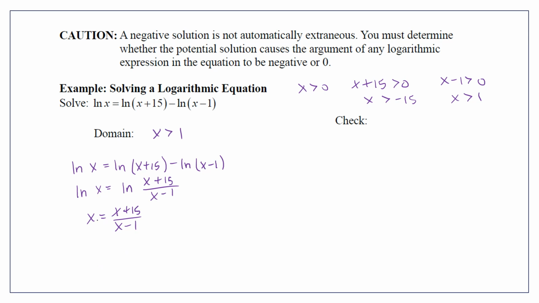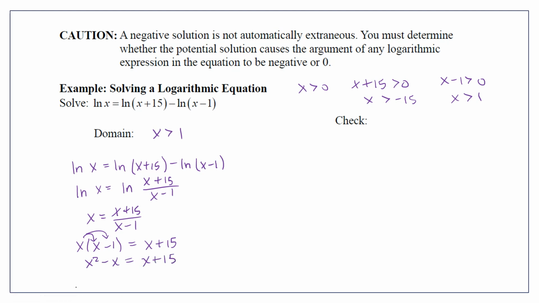So to get x minus 1 out of the denominator, we're going to multiply both sides by x minus 1. Then we're going to distribute the x. So that would be x squared minus x on the left-hand side.